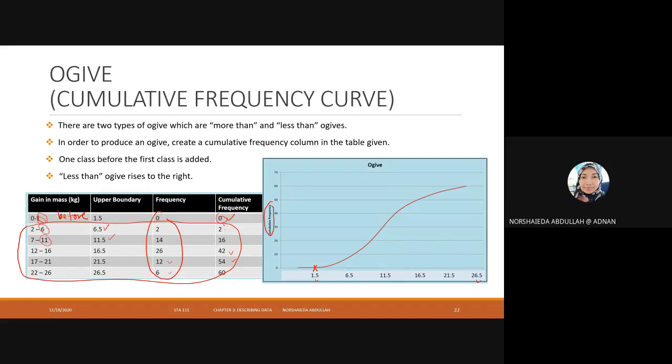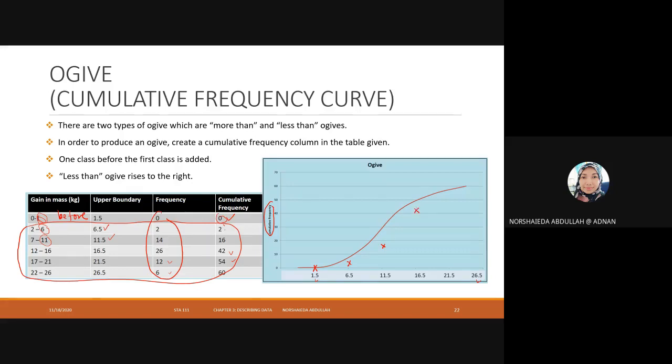Okay, 6.5 cumulative frequency is 2, lebih kurang kat sini 2. 11.5 cumulative frequency is 16, lebih kurang dekat sini 16. Upper boundary 16.5, cumulative frequency is 42, so lebih kurang dekat sini.